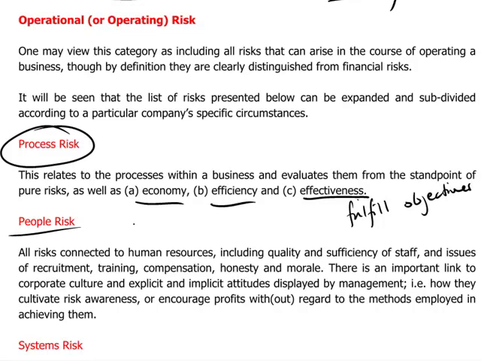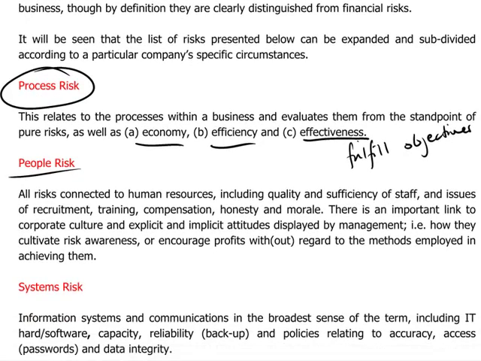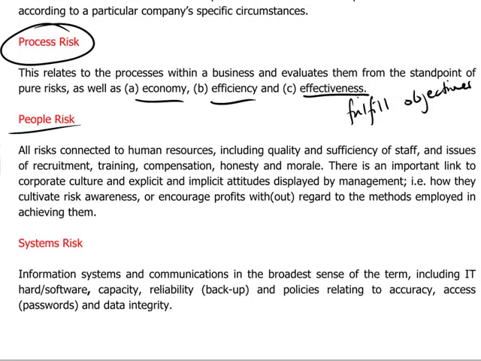People risk is of course a very broad category as well, because the kinds of risks that are connected to people are almost as diverse as people themselves. And here we can think of all the challenges connected to the whole HR cycle in terms of recruitment and training of suitable human resources in quality and numbers.